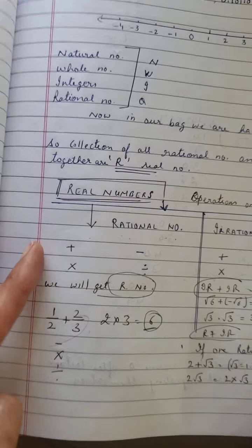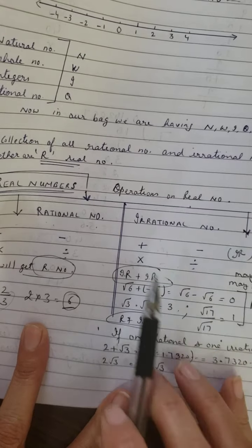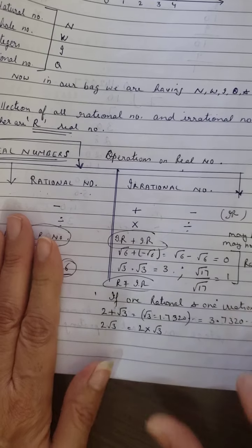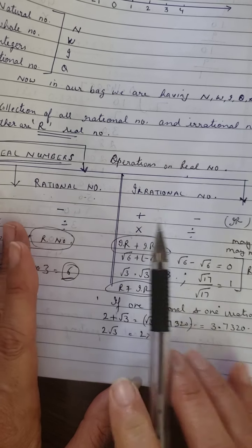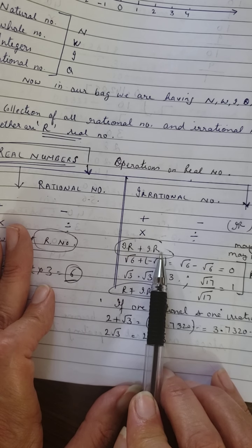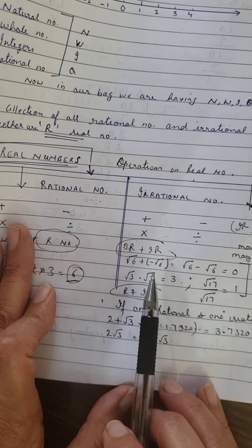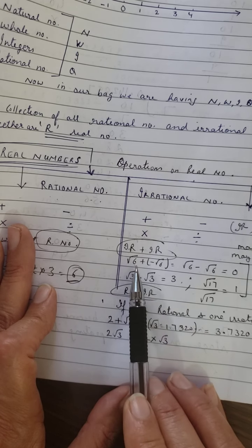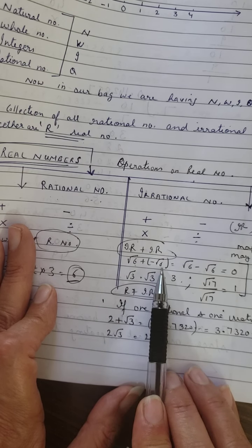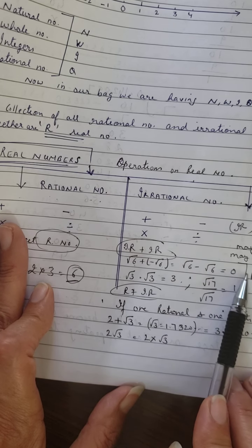Now we have done one more kind of number, known as irrational numbers. Now let's see first of all, if we do operations on irrational numbers, what will the answer be? Irrational numbers are the numbers which cannot be written in the form of p by q. Under root 6 is an irrational number. If I subtract an irrational number from the same irrational number, the answer turns up 0, and 0 is not an irrational number, you know this.